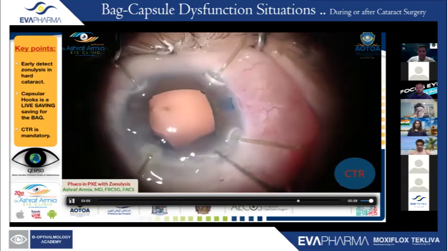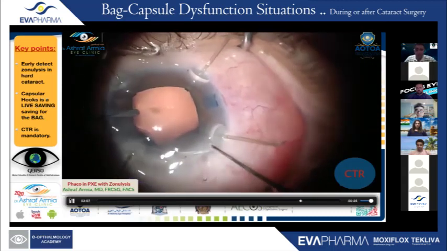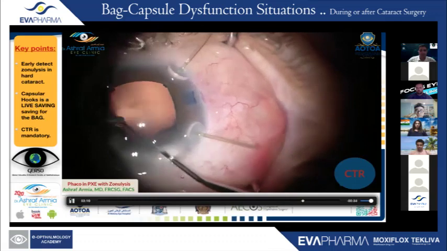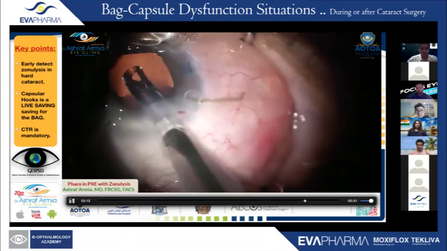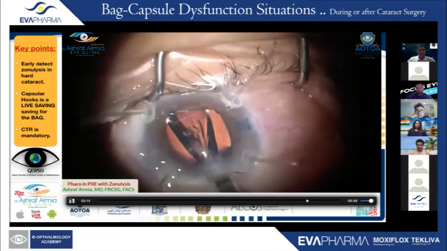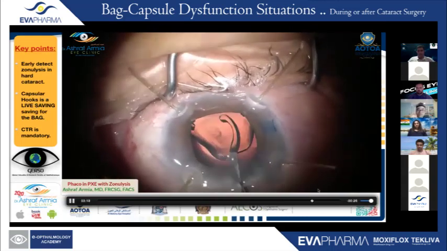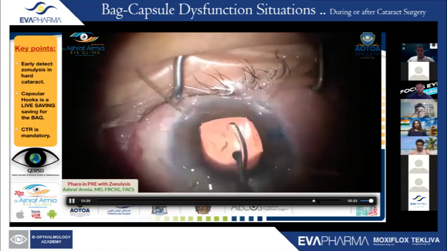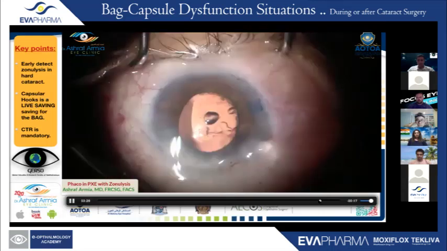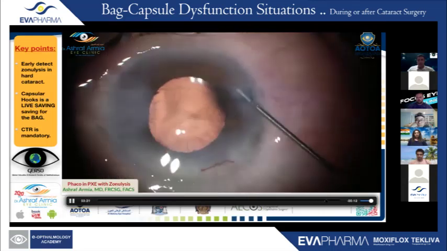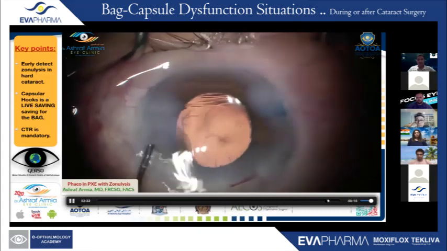And as you all know, in the last injection of the IOL, you must protect it so it does not flip outside. You put your single piece IOL inside the bag, and you remove your hooks, and you preserve the bag in these subluxated cases.